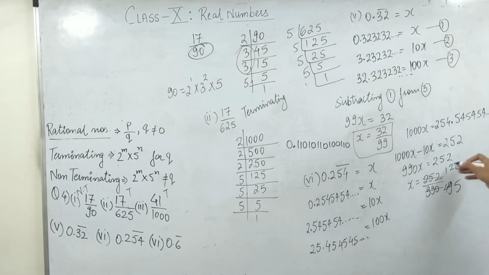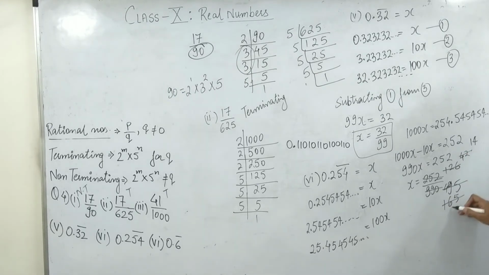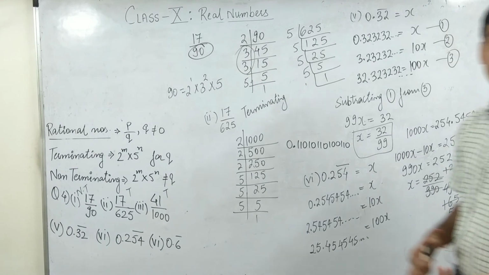So answer is... और भी कट रहे हैं. 3 4s are 12, 3 2s are 6, 3 1 times 3, 3 3s are 9... 3 1s are 3, 4, then 3 5 times 15, and that's all. So answer is 14 upon what? 55. That's all, it's done.